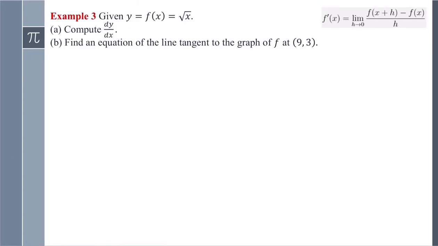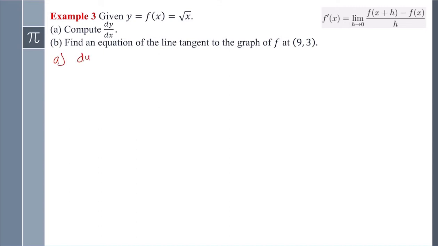Now let's go ahead and find the derivative of this function and then the equation of the tangent line. The function that we have here is y equals, or f of x equals, the square root of x. Part A says compute dy over dx, or find the derivative.